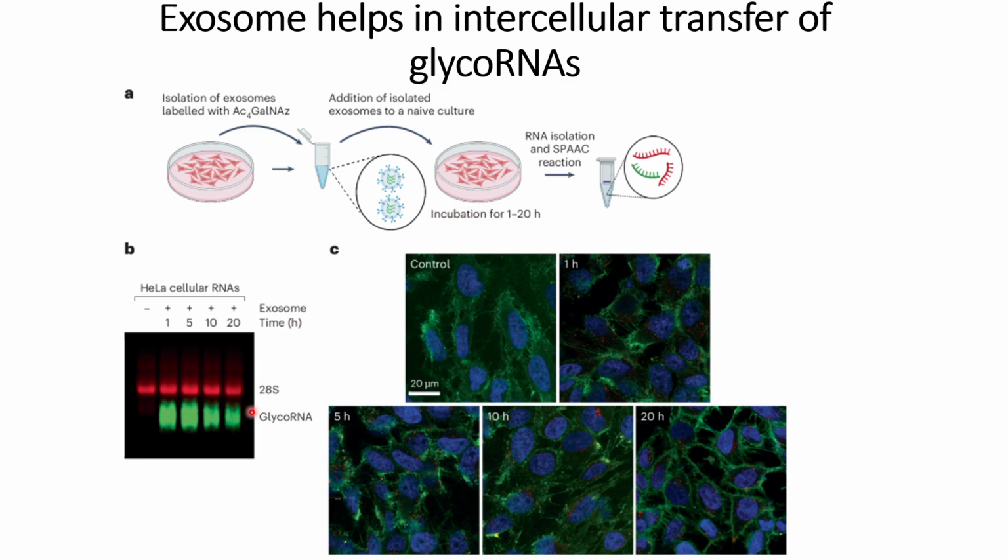Here we can see that at the 0 time point, they do not see any glycoRNA, whereas after 1 hour of treatment with the isolated exosomes from the first culture, they see glycoRNA present in the cellular RNAs. They checked this up to 20 hours and can see the presence of glycoRNAs in all the time conditions they tested: 1 hour, 1.5 hours, 5 hours, 10 hours, 20 hours.